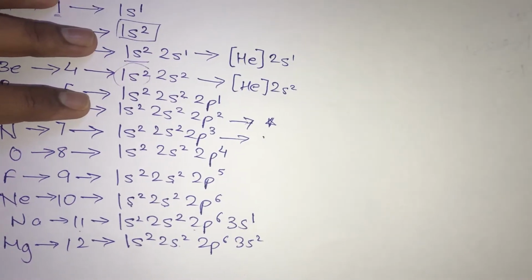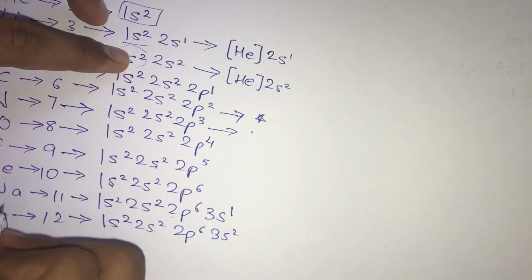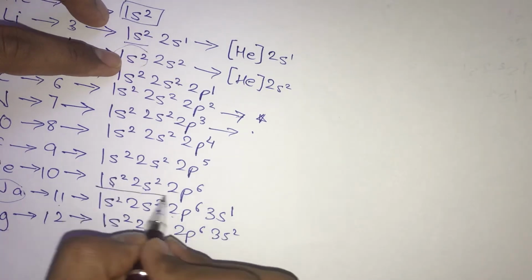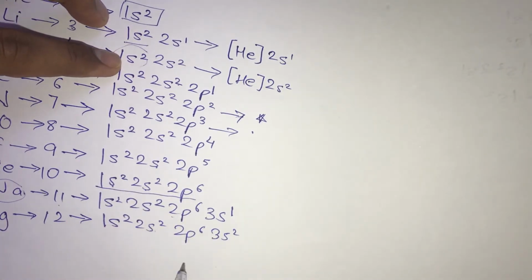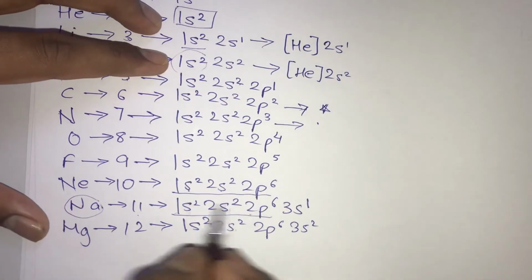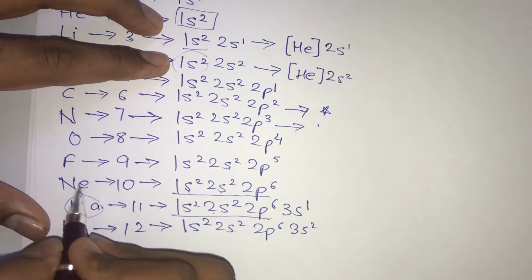Now I forgot to mention one point over here. See, you can write the condensed electronic configuration of sodium. How do you write? This 1s2 2s2 2p6 is similar in this 1s2 2s2 2p6. So can I say this 1s2 2s2 2p6 is nothing but the electronic configuration of neon?